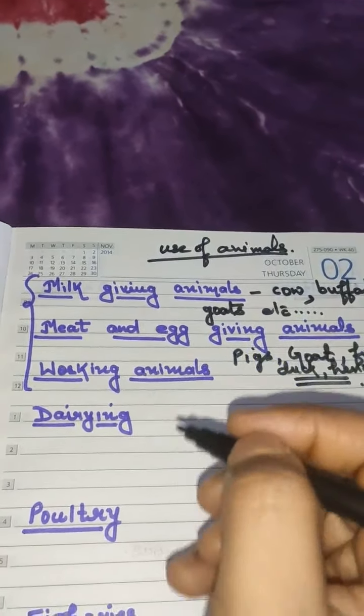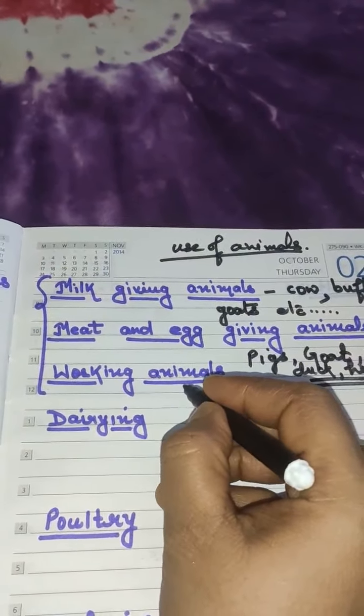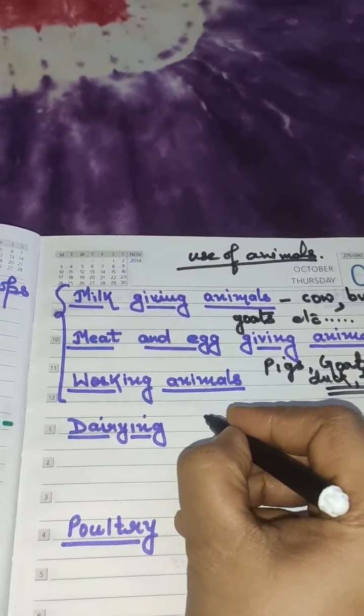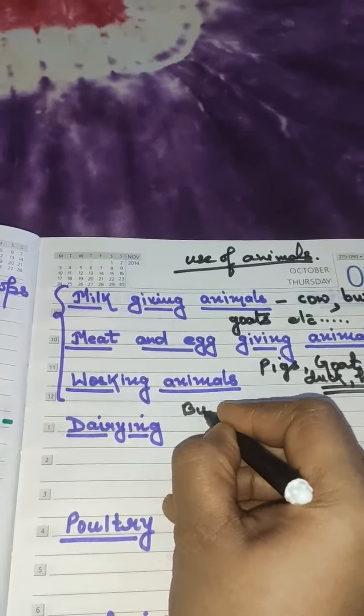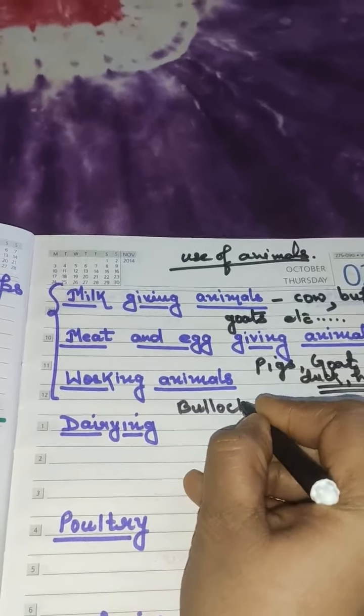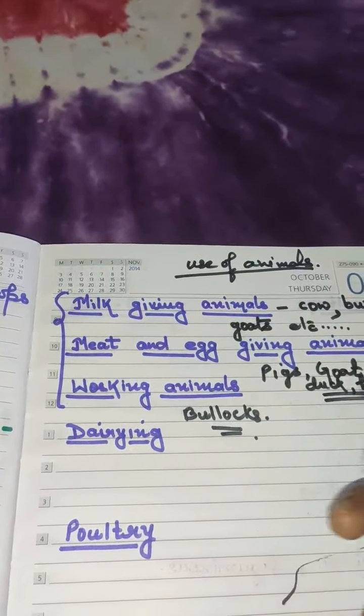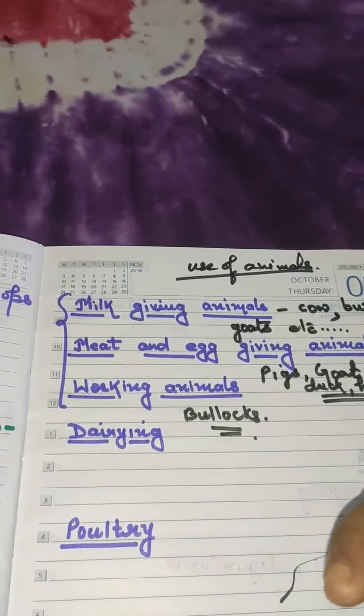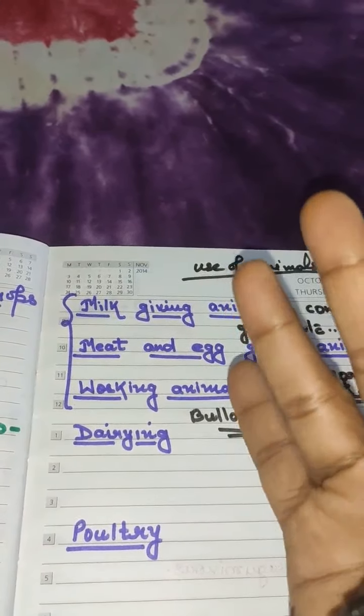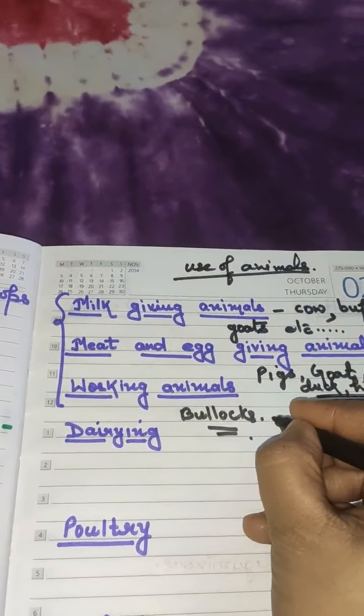Third, working animals, which help us in doing different work. Bullocks. Have you seen bullocks? Bullock cart? Bullocks, and then buffaloes, camels and horses are used for working in the fields and for transportation of goods.